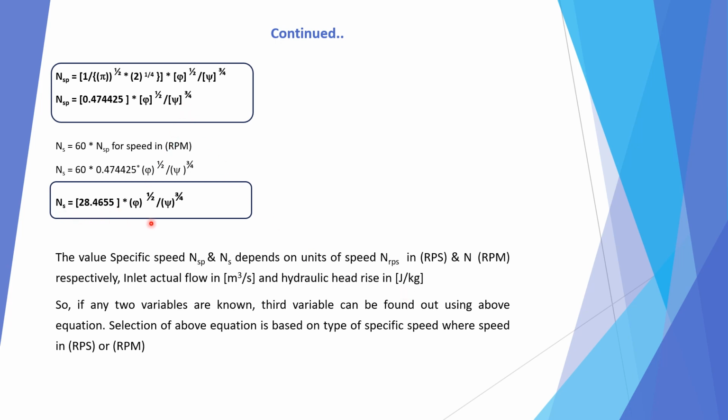If you use the second, speed will be in revolutions per minute, flow will be in meter cube per second, and hydraulic head rise will be joule per kg. So this is a very important relationship among the specific speed, head coefficient and inlet flow coefficient.